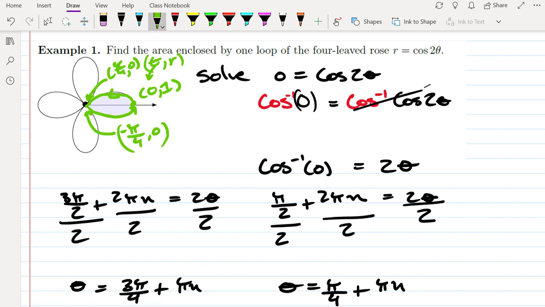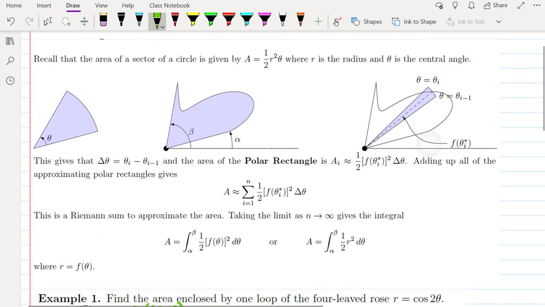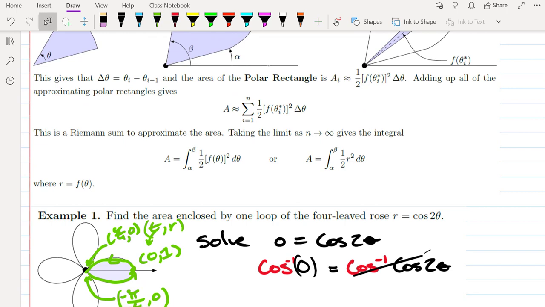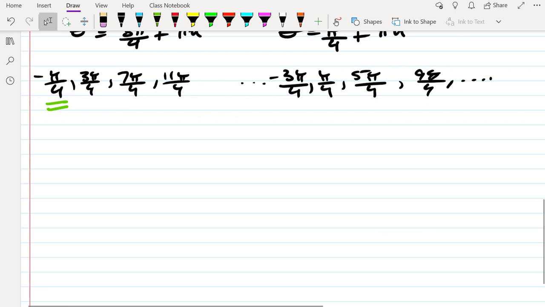So then that means in order to find the area of that leaf of this polar rose, we're going to have to integrate from negative pi over 4 to positive pi over 4. So now we have our formula, which is the integral from alpha to beta of 1/2 r squared d theta.